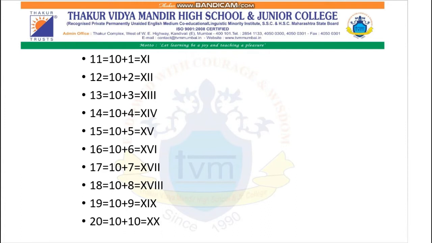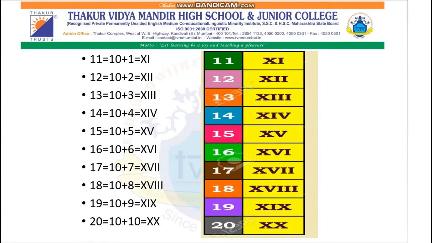The last number 20 is 10 plus 10, so that is 2 times X, XX. So this is all your 11 to 20 numbers in Roman numerals. Everybody just note down all the numerals. In Roman numerals, 11 is XI, 12 is XII, 13 is XIII.